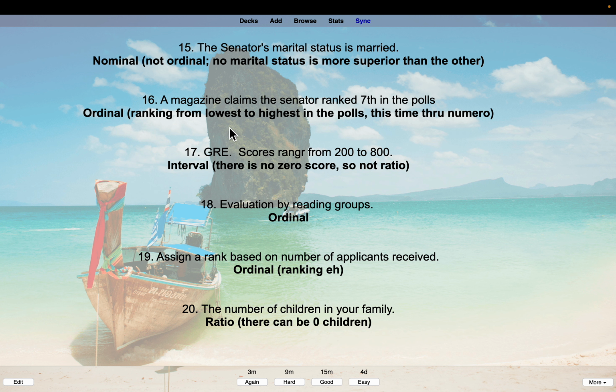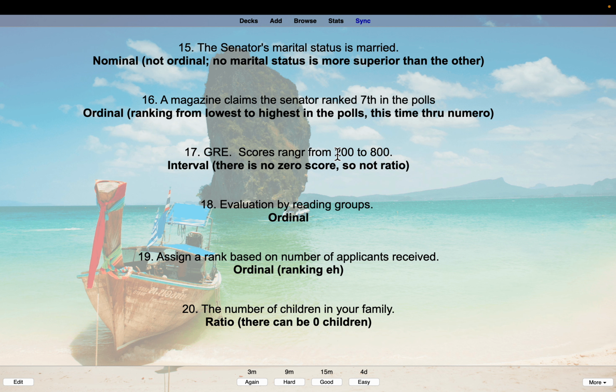Number 17, GRE scores range from 200 to 800. So this is interval. There is no zero score, so it's not ratio. Okay, so I think this makes sense. Another application for interval is, if you have a score range and zero is not involved there, perhaps you can say that it's interval.